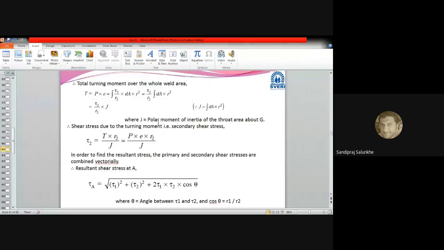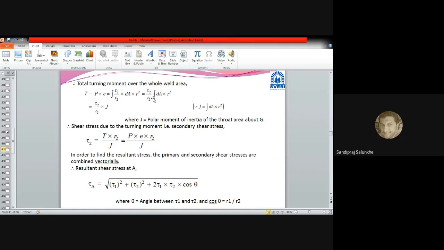And if you want to calculate the total moment, T is equal to P into E, and that is equal to the total moment which has been created, which has been restricted because of the weld. So, integration of tau 2 divided by r2 into dA into r square. Now this tau 2 and r2 are constant.